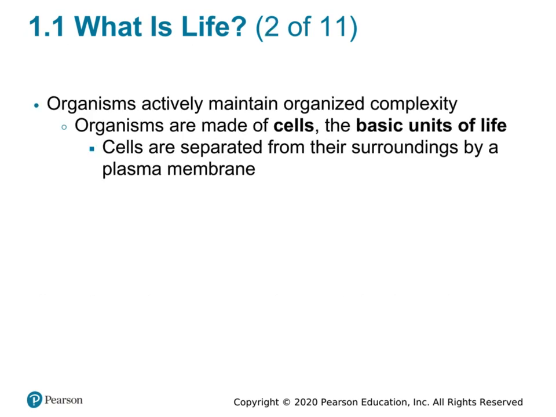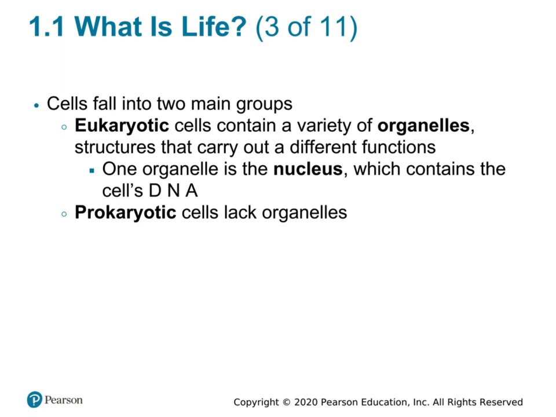Let's start really basic. We're going to talk about how organisms actively maintain organized complexity. The basic unit of life is the cell, of which there are two types, eukaryotic and prokaryotic cells. Cells are able to maintain an internal environment inside a plasma membrane, which separates them from their surroundings. The two groups again are eukaryotic and prokaryotic cells.